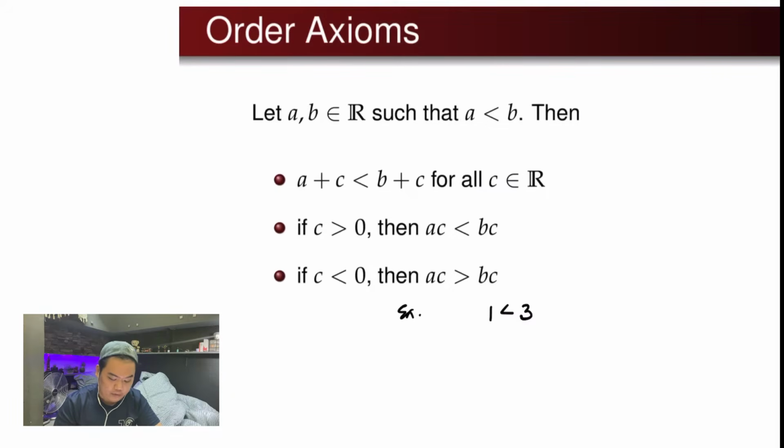If you multiply both sides by negative 2, magbabaliktad yung sign kasi this is negative 2, negative 6. Okay? Pag negative yung multiplier or divisor, mag-change yung inequality. Kapag positive yung multiplier or divisor, retain yung inequality.